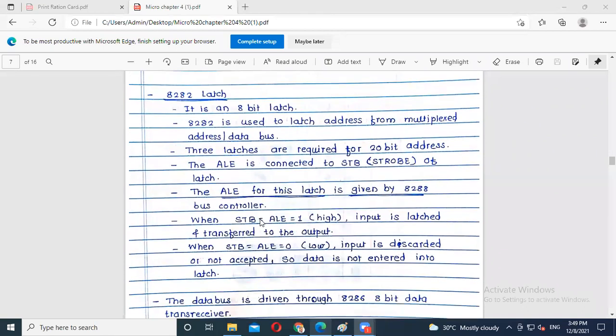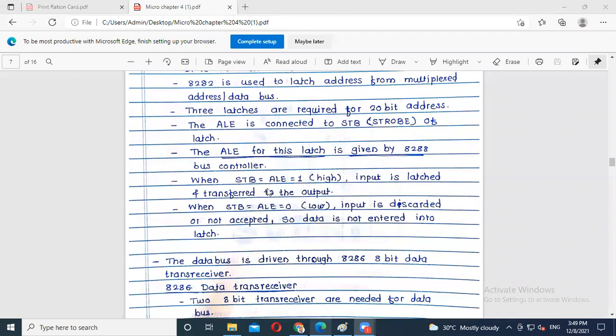Whenever the strobe and ALE is high, that is 1 or on, the input is latched and transferred to the output stage. If the strobe and ALE is 0 or low, the data flow is stopped, and data is not entered into the latch.